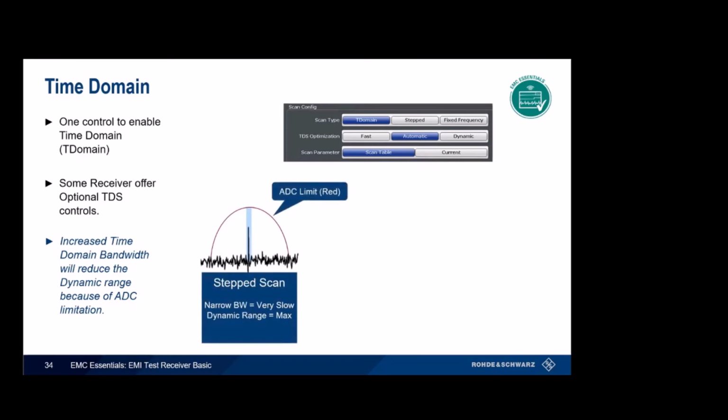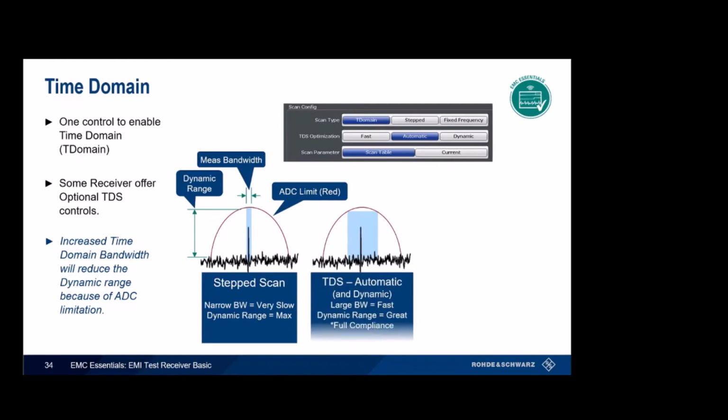Here is a simple graph showing the traditional step scan. And we have the red line indicating the limitation of the ADC. With a very narrow bandwidth, the red line is crossing at the top, which gives us our full dynamic range of the ADC, or almost full.